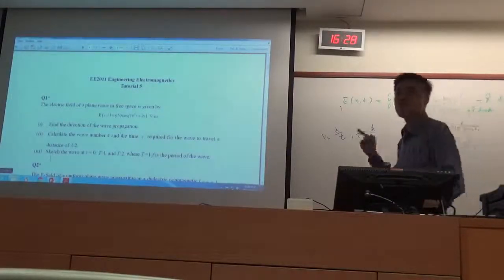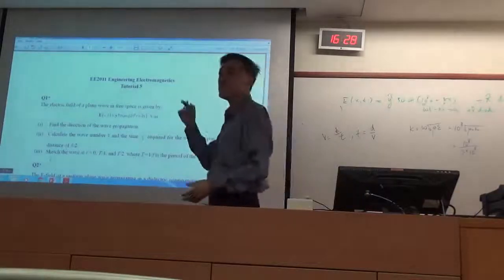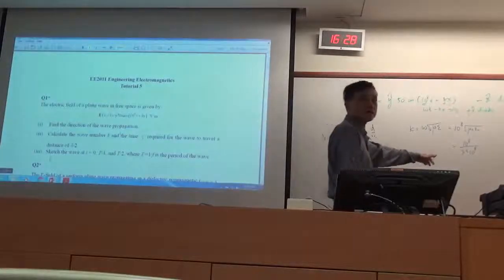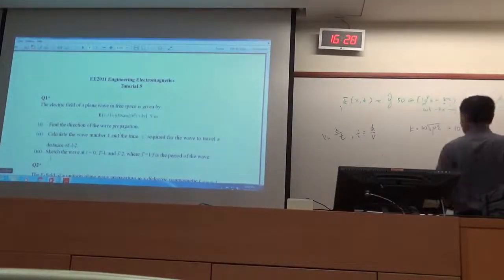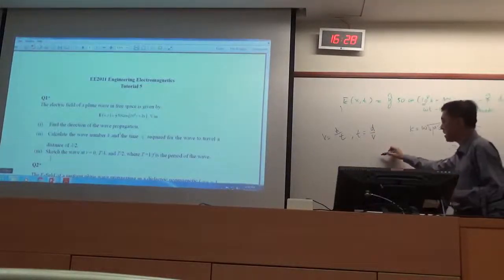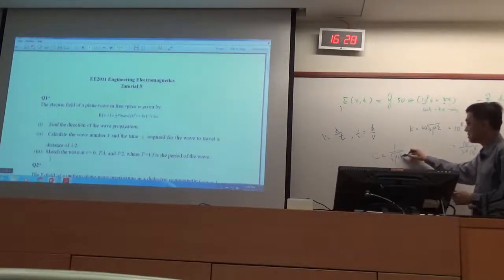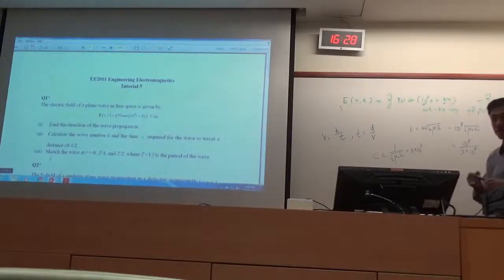This one I don't have to find out. Ladies and gentlemen, if every time you have to press a calculator for this one, you are in trouble, alright? Because the velocity of light c is equal to 1 over square root of mu naught epsilon naught, which is 3 times 10 to the power of 8. So it saves you a lot of time pressing the calculator. So 10 to the power of 8 divided by 3 times 10 to the power of 8 is equal to 0.33.